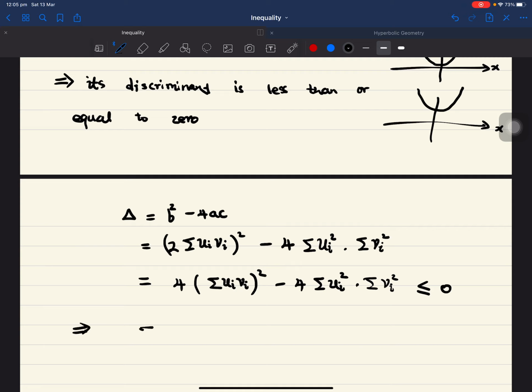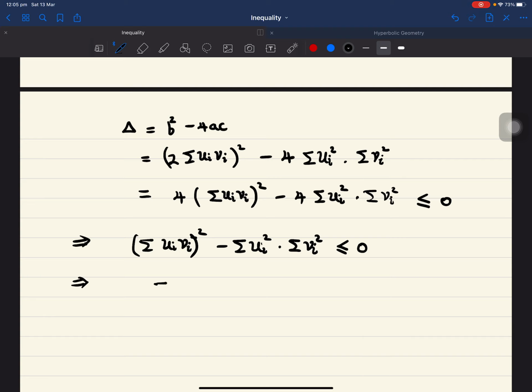Therefore, we got the sum of UiVi all squared minus the sum of Ui squared times the sum of Vi squared is less than or equal to 0.